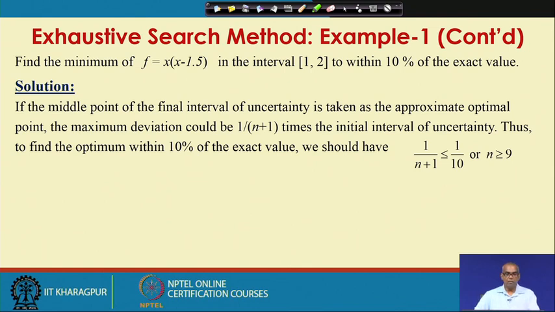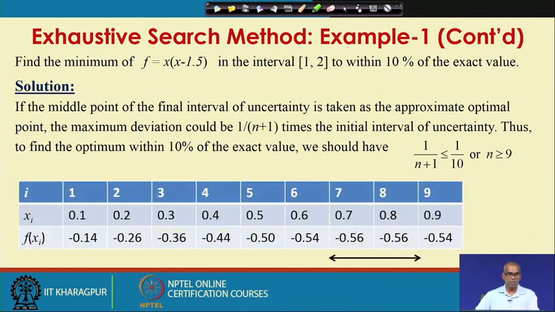So, if the middle point of the final interval of uncertainty is taken as the approximate optimal point, the maximum deviation could be 1 by n plus 1 times the initial interval of uncertainty. Thus, to find the optimum within 10% of the exact value, we should have 1 by n plus 1 less than or equal to 1 by 10, or n greater than or equal to 9. That means we must have 9 points.